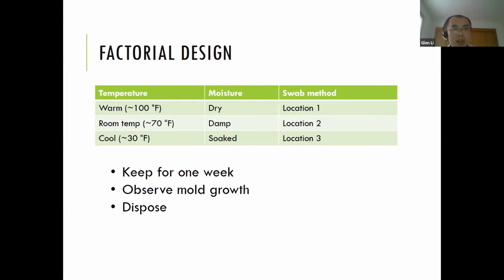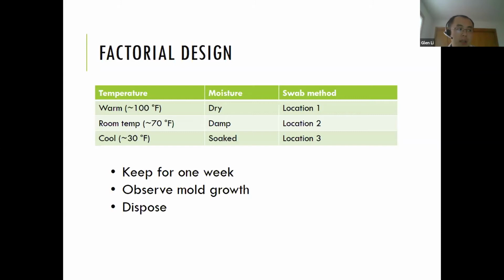And also, too high of a temperature, beyond 70 degrees Celsius, can actually negatively impact the growth of mold because it's too warm. So basically, we treat the slices of bread, put them in bags, and then keep them for 1 week. Usually in 3 to 5 days, you can see some notable differences. 1 week is probably safe enough.